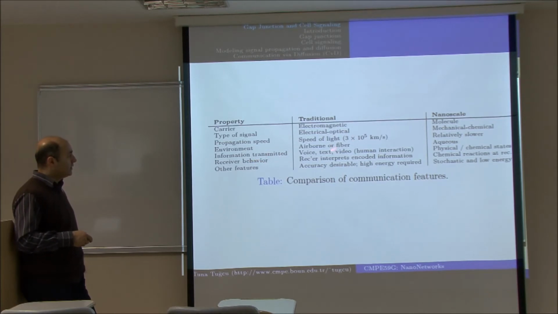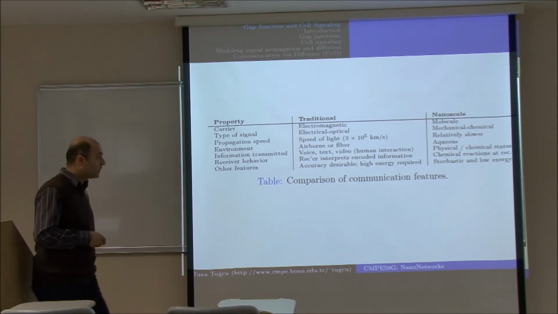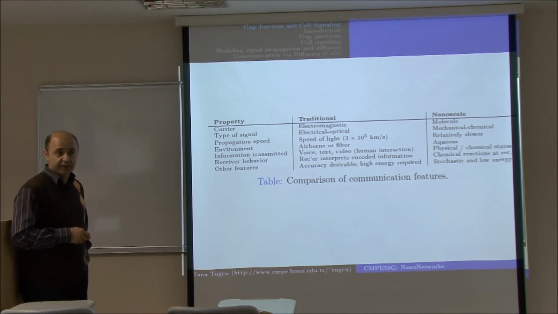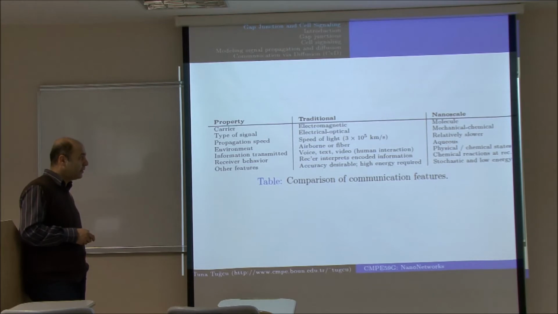In traditional networks, the receiver interprets the encoded information, whereas in nanoscale networks, chemical reactions occur at the receiver. And in traditional networks, high accuracy is desirable, but that requires high energy to provide that accuracy.